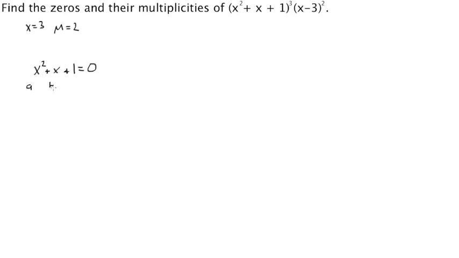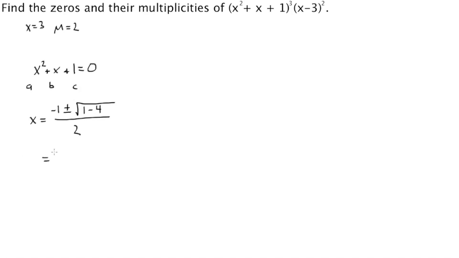A is 1, B is 1, C is 1. So using the quadratic formula, our x is going to equal negative b, so negative 1, plus or minus the square root of b squared, so 1, minus 4 times a times c. So 4 times 1 times 1, so 1 minus 4, all over 2a, and again that's just 2 times 1, so 2.